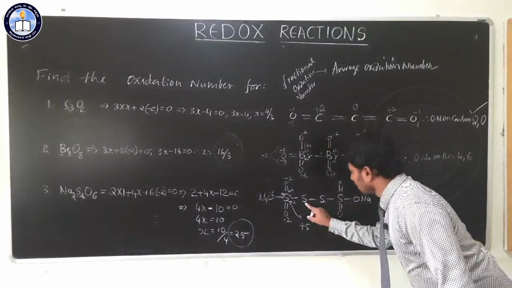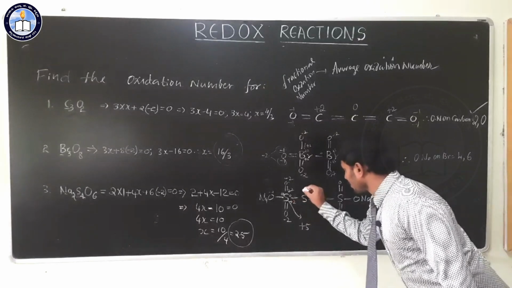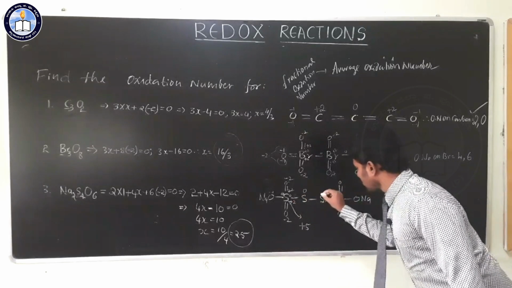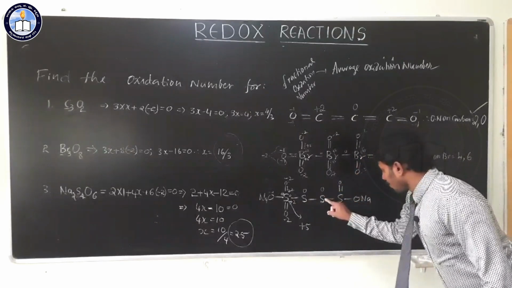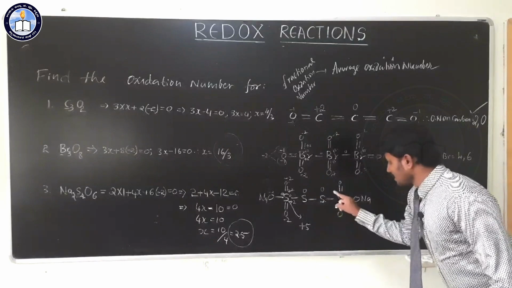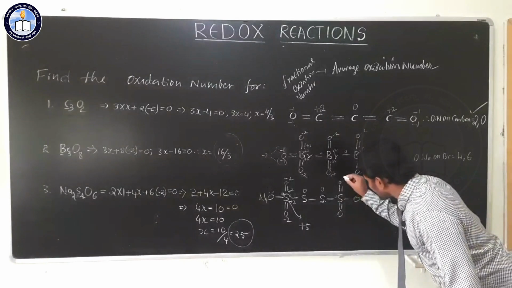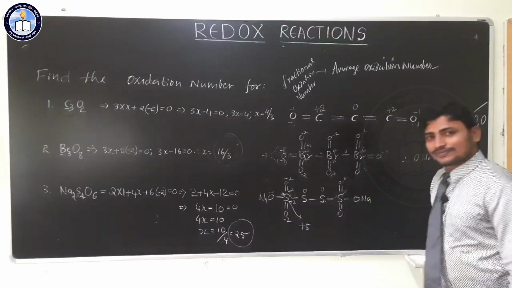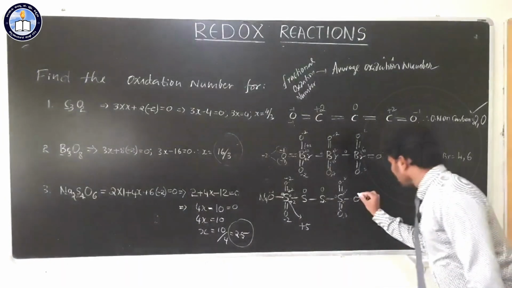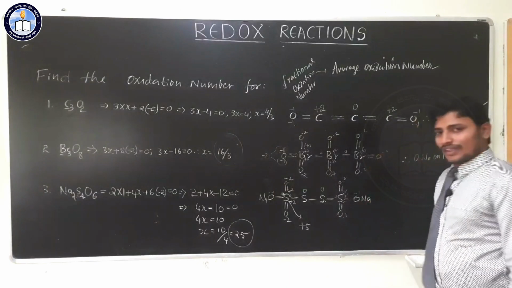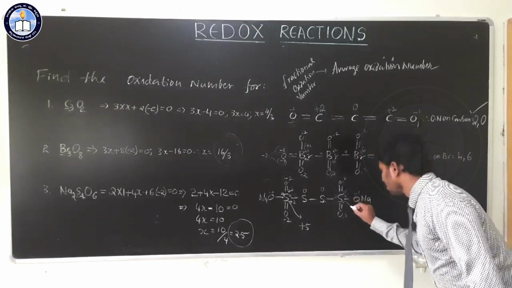What about this sulfur? The sulfur formed a bond with sulfur only, therefore the oxidation number is 0. For this also 0. Between this sulfur and sulfur, the oxidation number is 0. And here -2 means +2, -2 means +2, -1 means +1. Hence 2 plus 1 plus 2 equals +5.